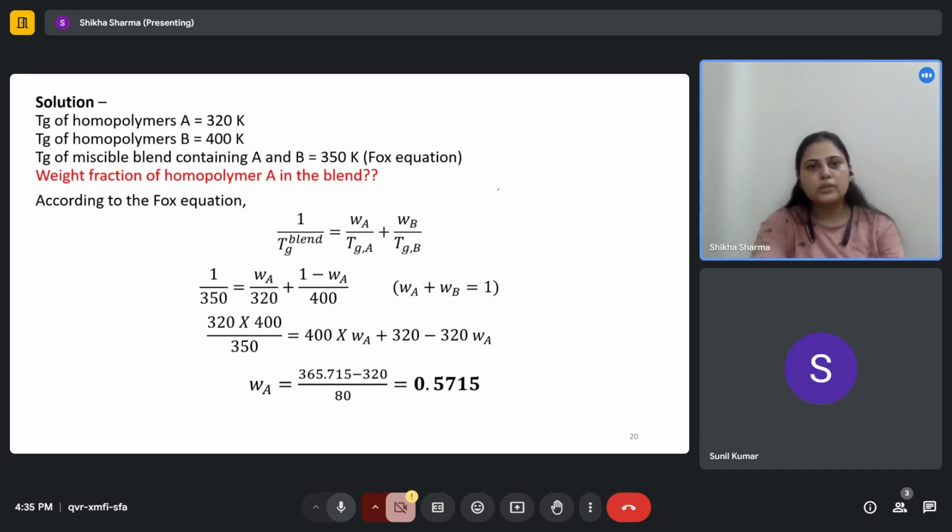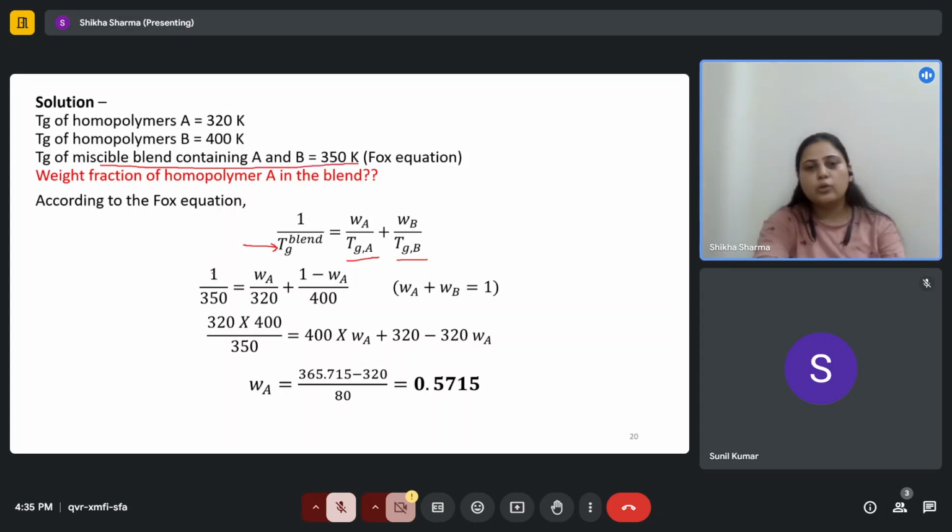As per the Fox equation, 1 upon Tg of the blend, which is 1 upon the glass transition temperature of the blend, is equal to the weight fraction of homopolymer A divided by its glass transition temperature plus the weight fraction of homopolymer B divided by its glass transition temperature. And here the temperature will be put in Kelvin. As given in the question, the miscible blend glass transition temperature is 350 Kelvin.